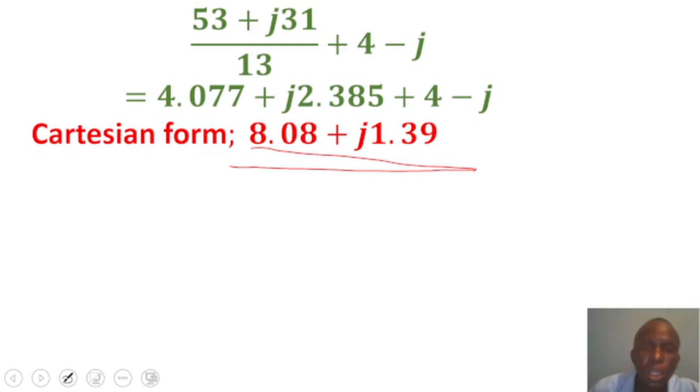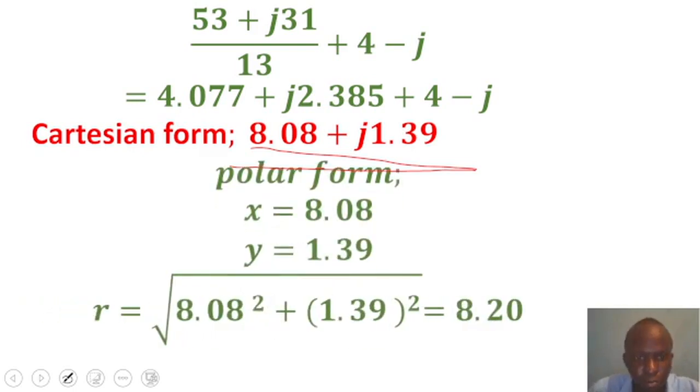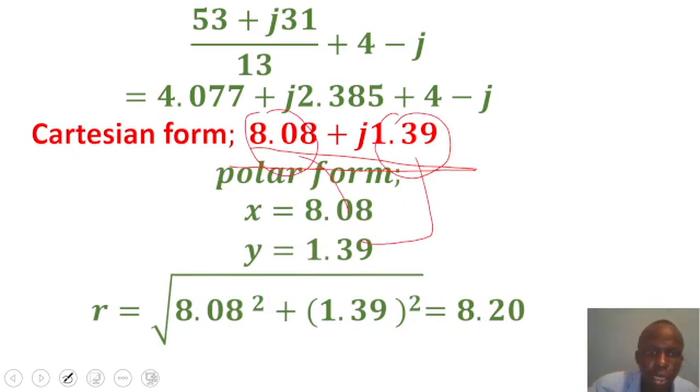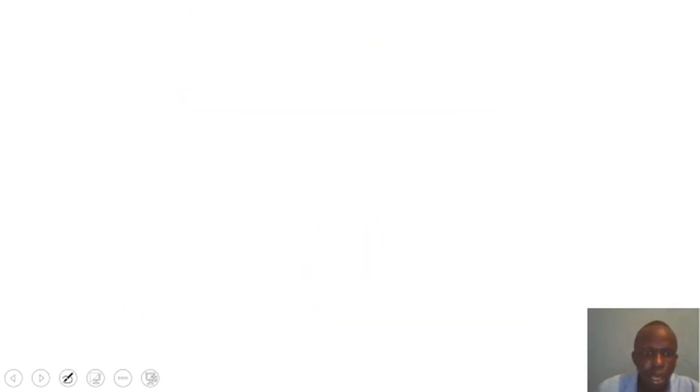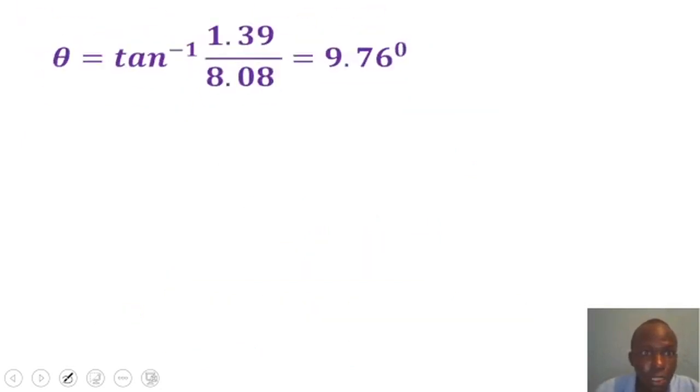The polar form, if x is 8.08, this is 8, this is the x, and this is y, like we have seen, r is equal to the square root of x squared plus y squared. You get that. How do we get the argument?